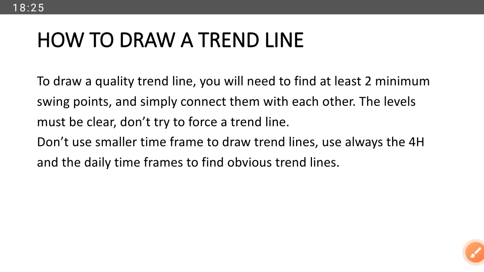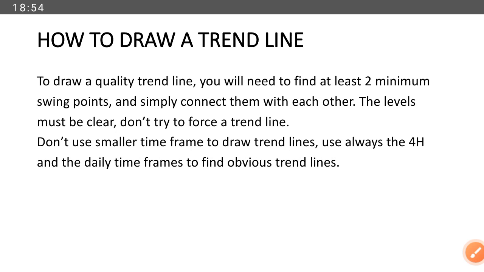Now, how do we draw a trend line? Your trend line can help you to determine the trend of the market. To draw a quality trend line, you will need to find at least 2 minimum swing points and simply connect them with each other.